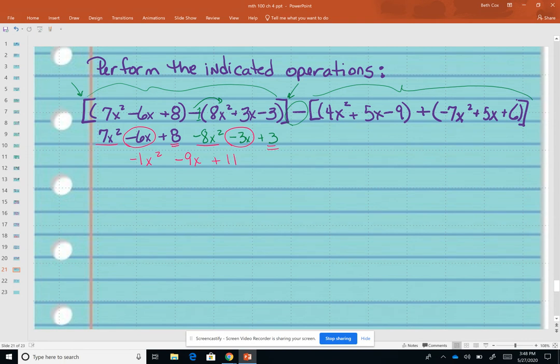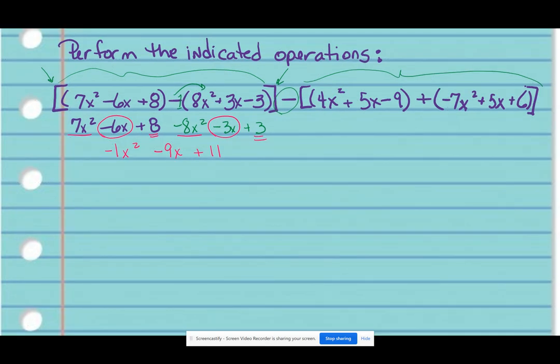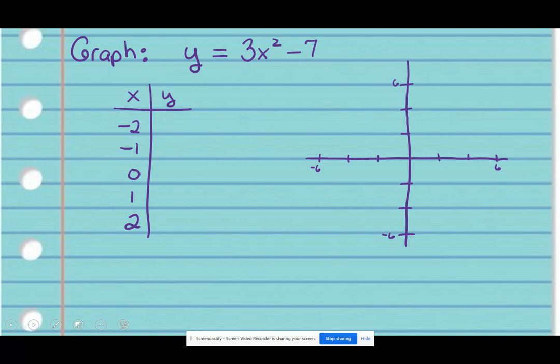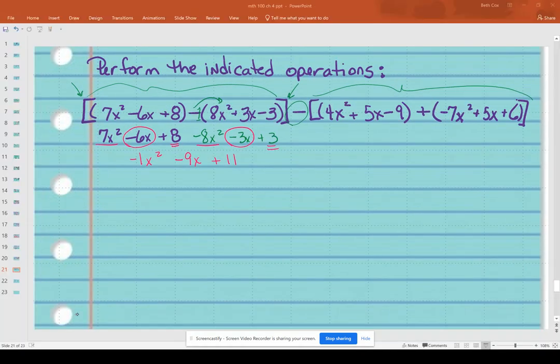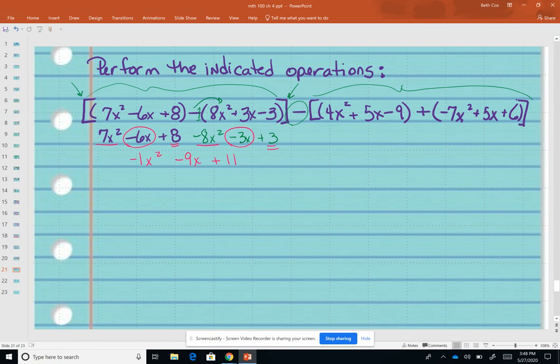We do the same thing on the right-hand side. On the right-hand side, neither one of these is subtracted, so I can just do it as is. I don't have to do anything other than, well, what happened with my PowerPoint? Oh my goodness, I didn't mean to do that. Okay, I want to be able to have my drawing tools.